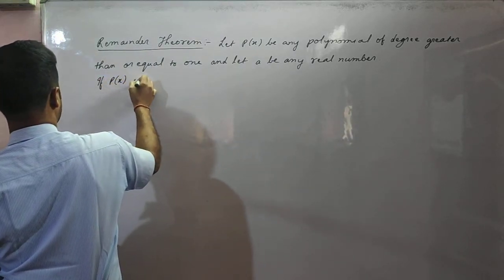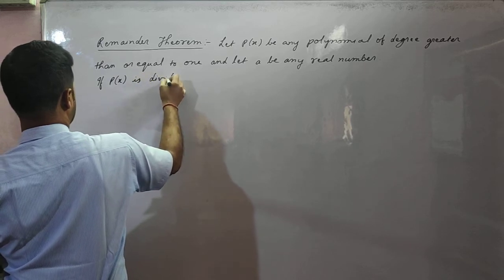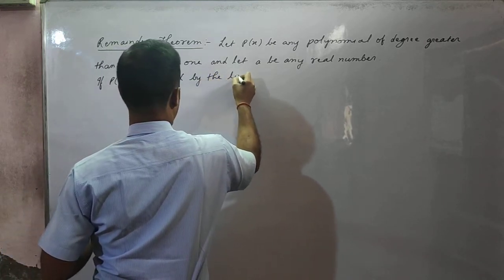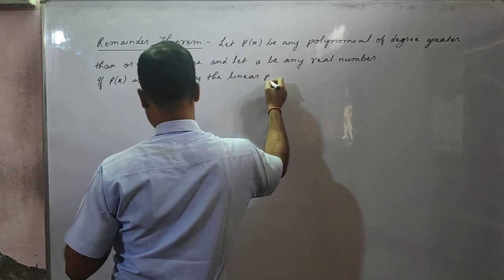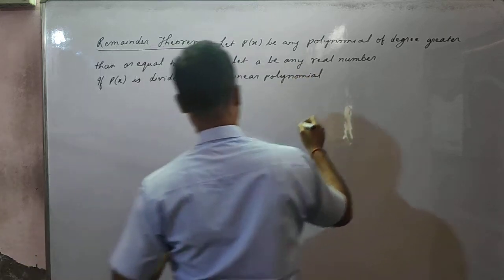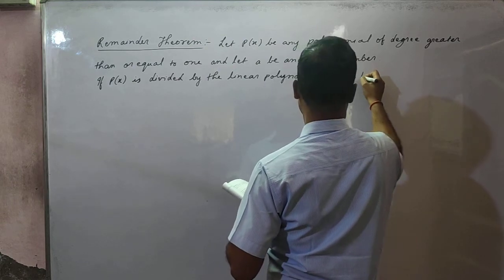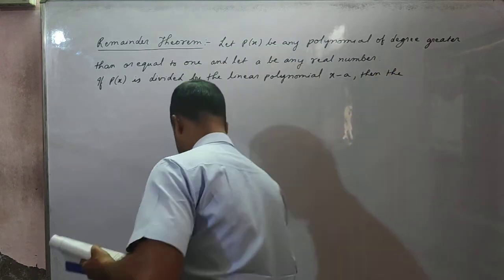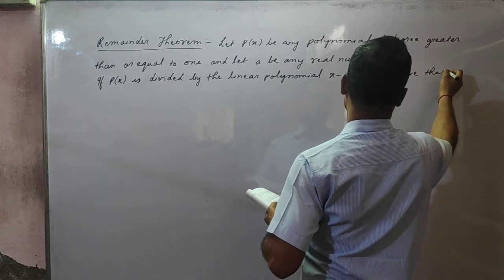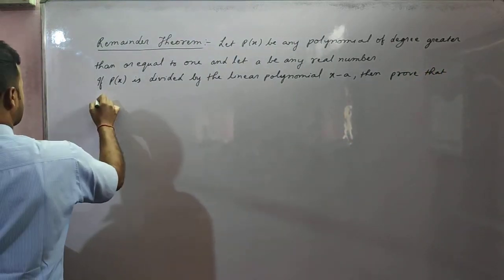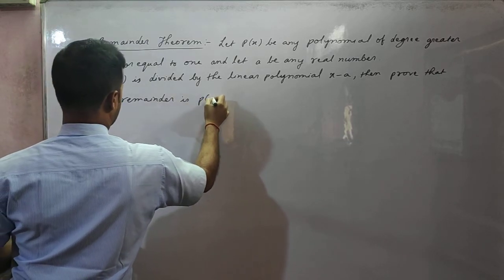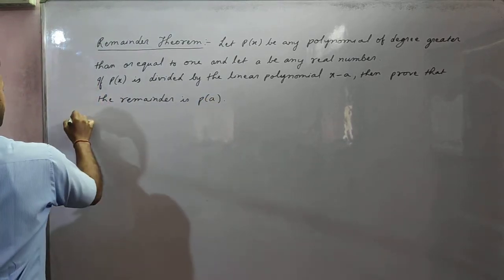If p(x) is divided by the linear polynomial x minus a, then prove that the remainder is p(a). Okay, so this is the remainder theorem, students.